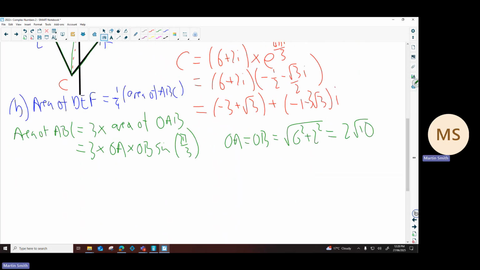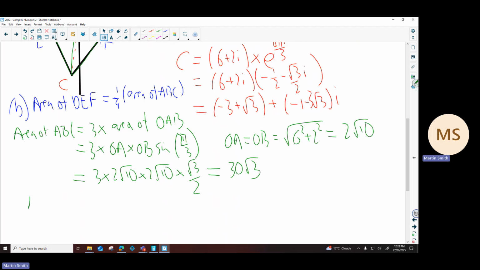So therefore, the area of ABC is 3 times a half times 2 root 10 times another 2 root 10 times sine of 2 pi over 3, which your calculator will happily tell you is root 3 over 2. You do the maths on that, the area of triangle ABC is 30 root 3.